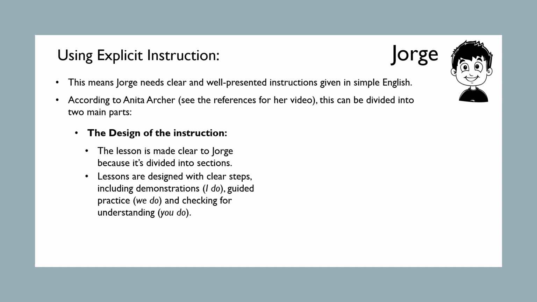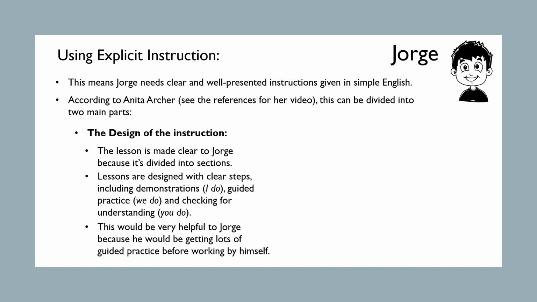Everyone could do that together. Finally, the class could watch a video of a specific animal, maybe an ant, and independently use another organizer to draw a picture of the ant's life cycle. This would be very helpful to Jorge because he would be getting lots of guided practice before working by himself.